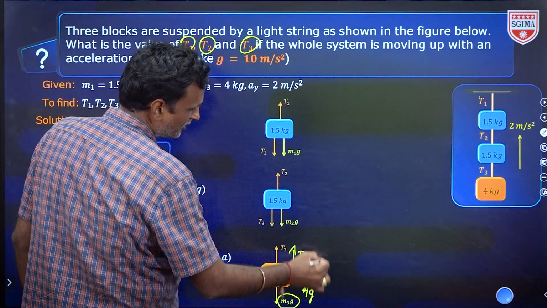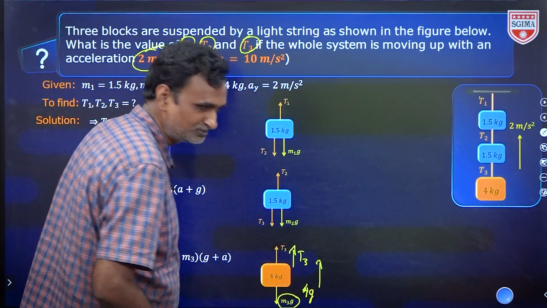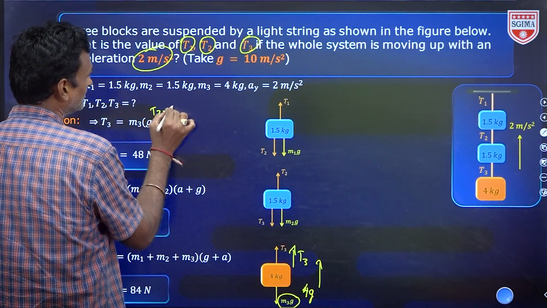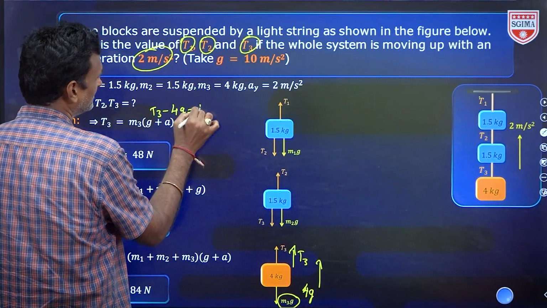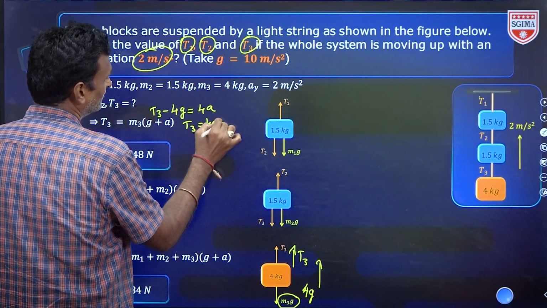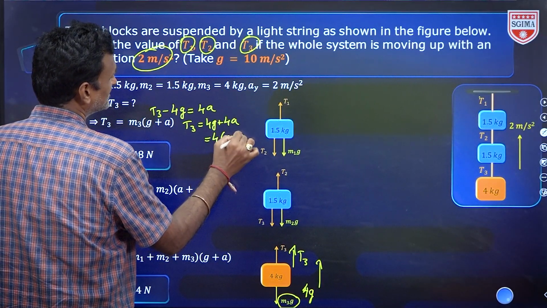It is going upward, so we can write T3 minus 4g equals 4a. T3 equals 4g plus 4a, that is 4 into (g plus a).